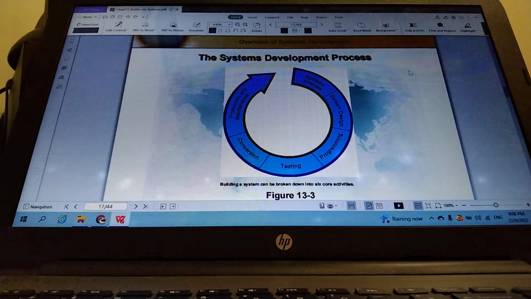The stages that we have just discussed are presented nicely in an infographic format, where it starts with system analysis, design, programming, testing, conversion or implementation stage, followed by the production and maintenance stage.